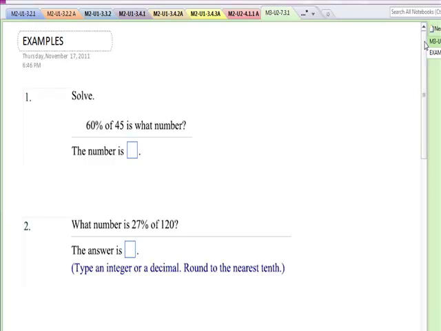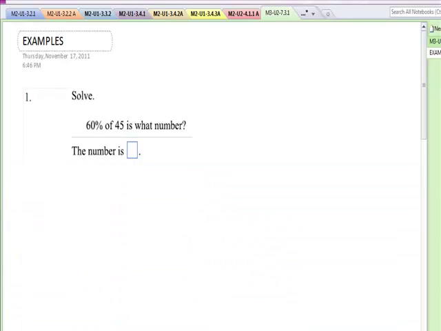All right, number one, it says to solve, and it says 60% of 45 is what number? All right, I'm going to color code this. 60% of 45 is what number? All right, so my percent proportion is is over of equals percent over 100.